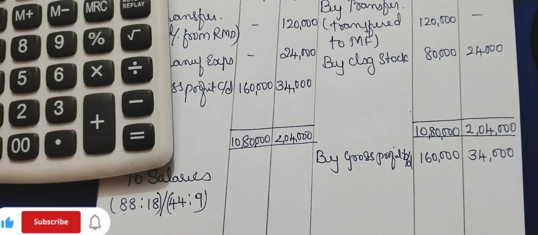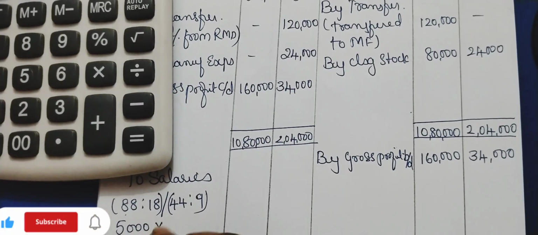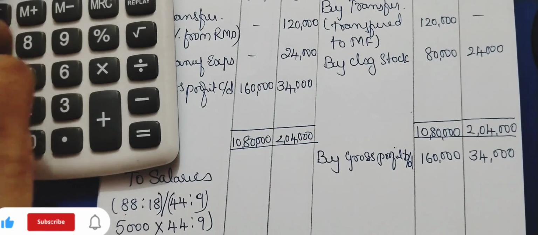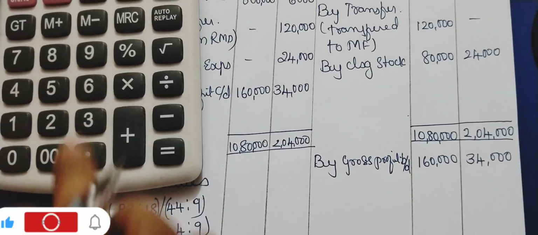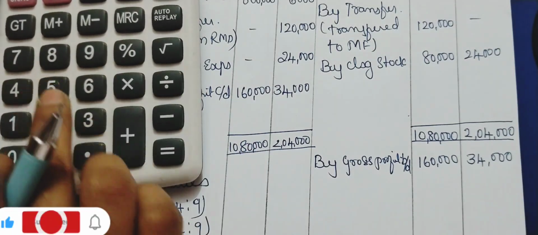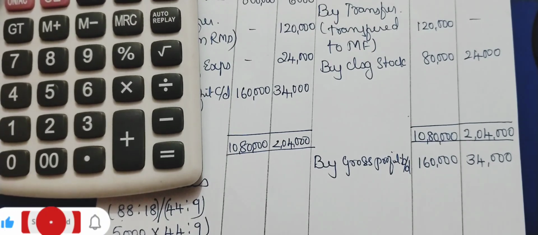The amount of salary is 5,000. Now we take 5,000 into 44 is to 9. 5,000 into 44 divided by 53. 53 is 44 plus 9.